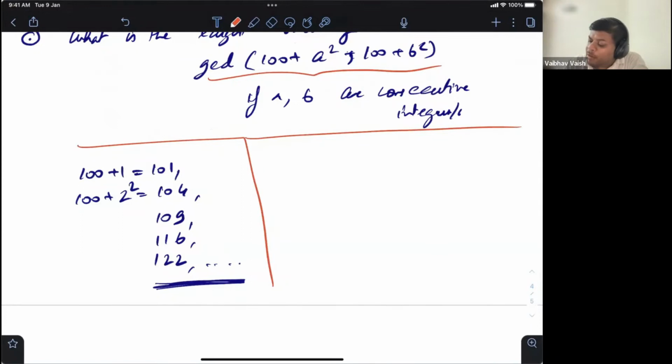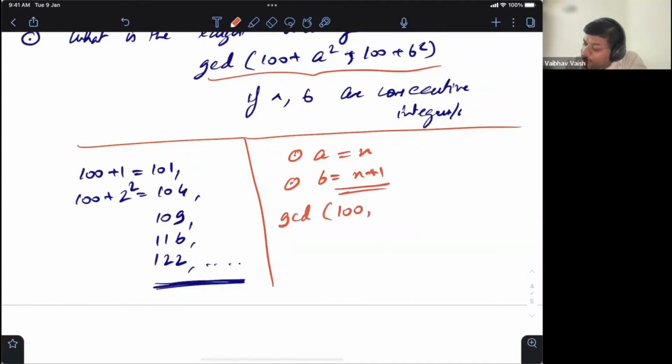So if I assume A is n, then B has to be n plus 1. I can assume B is greater than A. Is this fine? Then I can compute the GCD of 100 plus n square and 100 plus n plus 1 square. This is an easy computation.